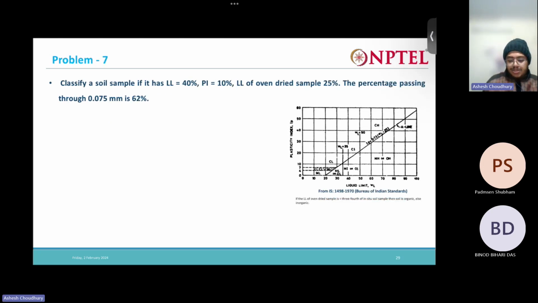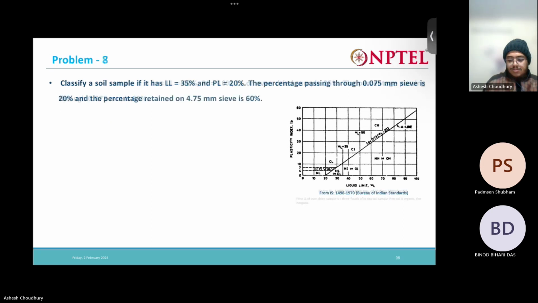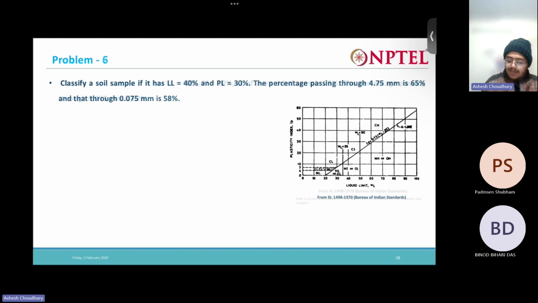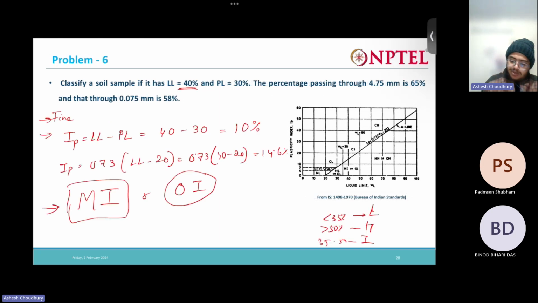Here liquid limit is how much? 40%. Yeah, it's 40%, right? So if it is between 35 to 50, what is it? I, right?